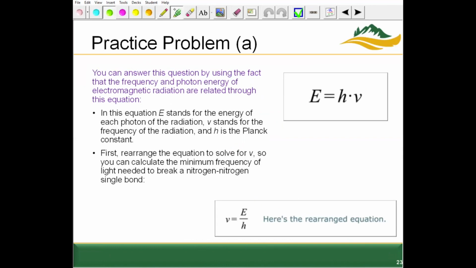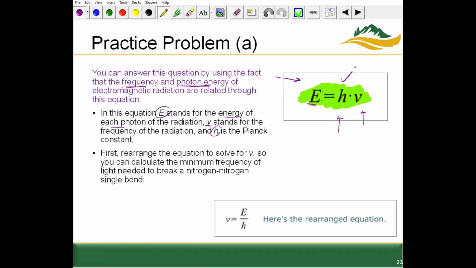This important equation that we've seen, so energy is equal to Planck's constant times the frequency. So the frequency and the photon energy are connected through this important equation, where E stands for the energy of each photon of the radiation, or just energy. Nu here is for frequency, then h is Planck's constant.